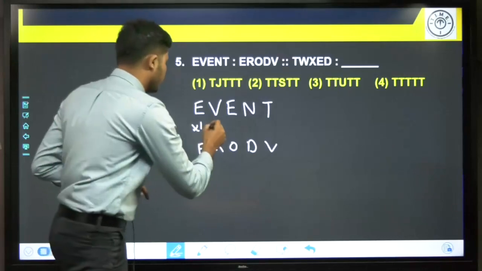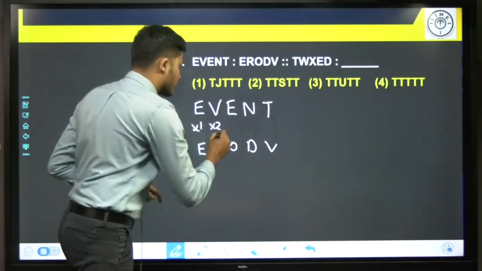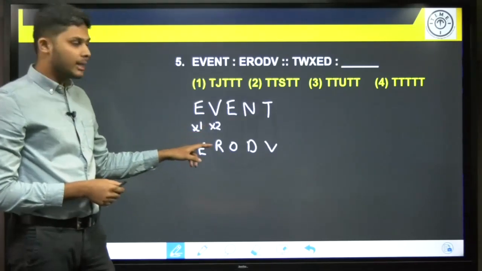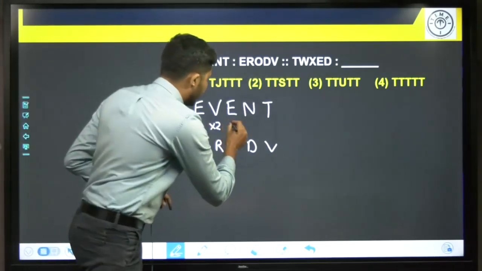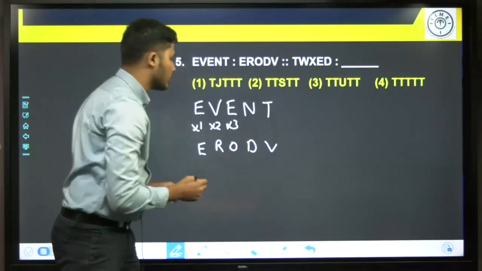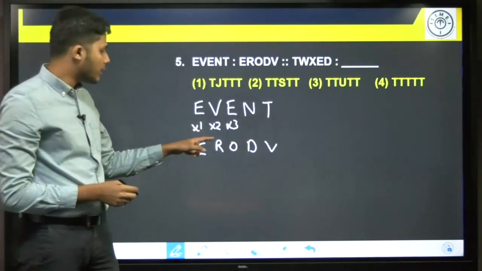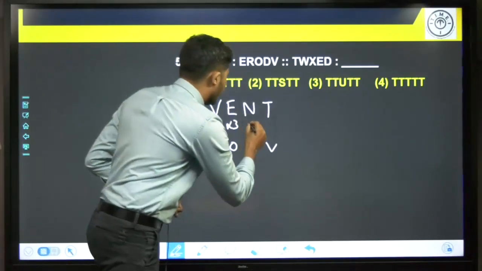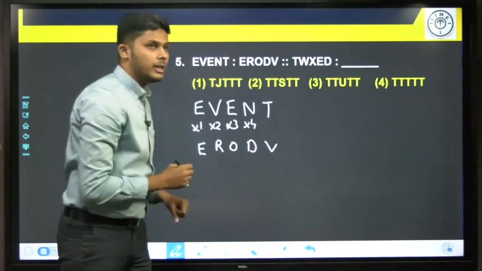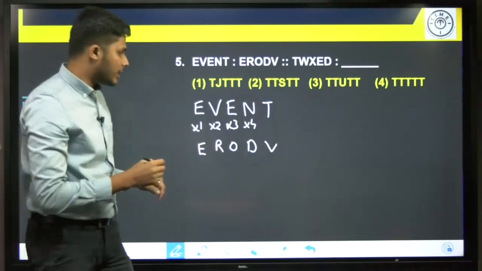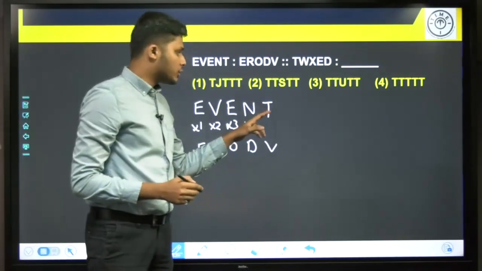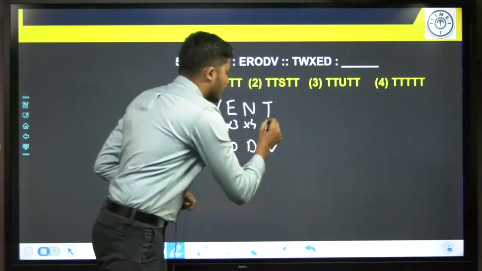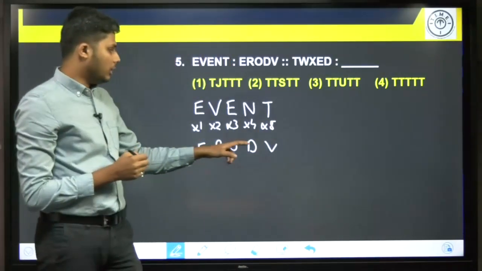V, 22 into 2, which is 44, and the 44th letter is R. E into 3, which is 5 into 3, which is 15, and the place value of O is 15. 14 into 4, which is 56, and the 56th letter is D. T, which is 20 into 5, the 100th letter is V.